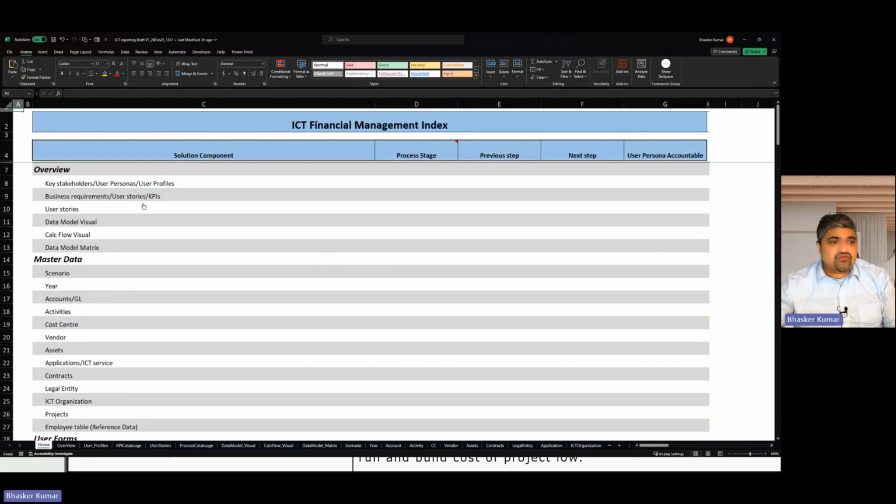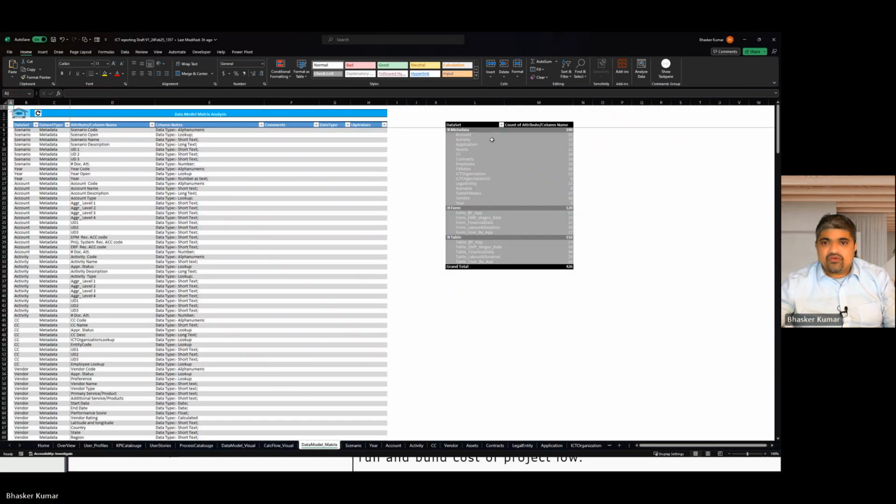If we look at the other dimensions, we have activities, which you will mostly use around your projects. We have applications, assets. So you can see we have many definitions, around 15 different dimensions, all having a lot of different attributes. What do you mean by attribute?